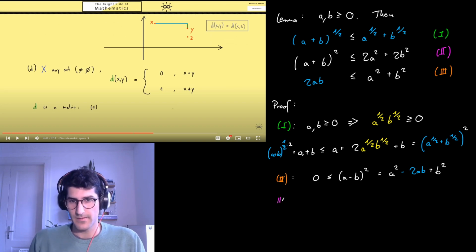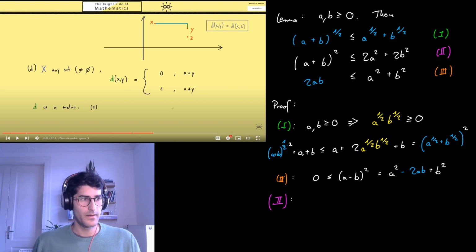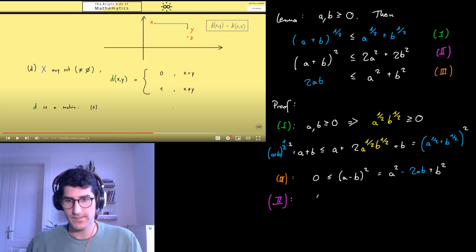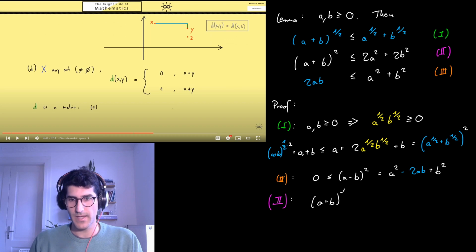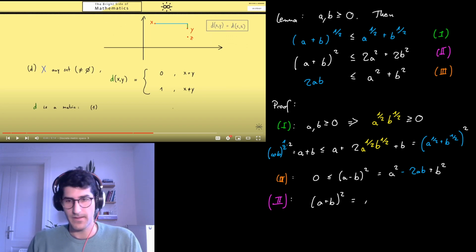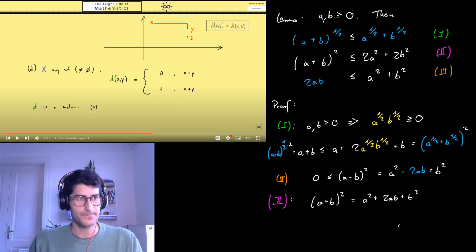For the last inequality that we need to prove, we do the following. We start with the first binomial formula, (a plus b) squared. This is also the left hand side of our inequality. Then we see that this is nothing else than a squared plus 2ab plus b squared. This is just the definition. Then we know that 2ab from part 3 is smaller than a squared plus b squared.